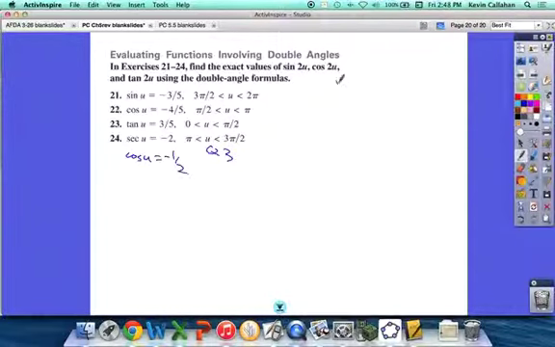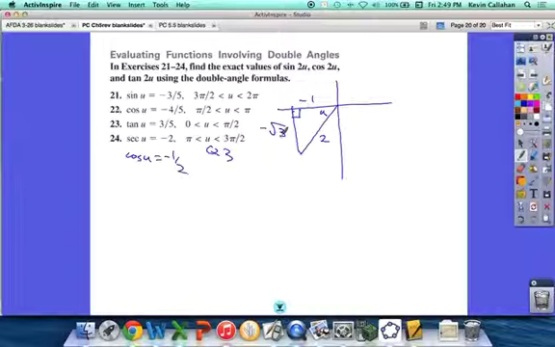So draw your triangle in quadrant 3. Label the u here. Its cosine is negative 1/2. Pythagorean theorem time. What is this? Okay, 4 minus. And then just plug them into the formulas.